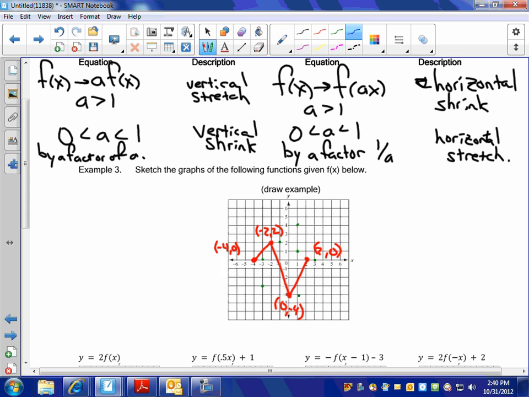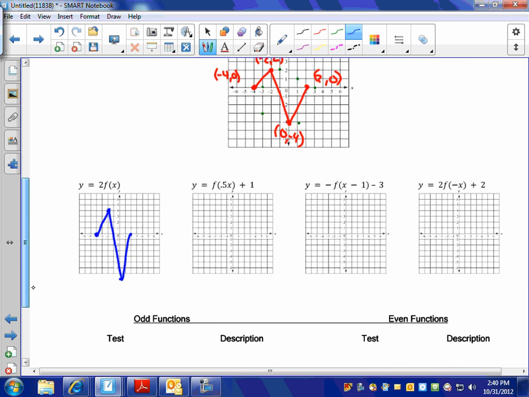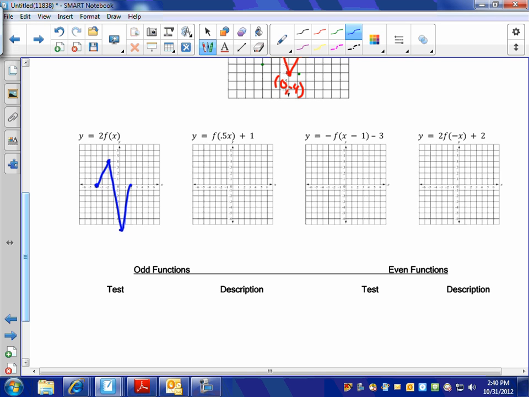What is 1 over a in this situation? What's 1 over 0.5? 2. So I stretch it by 2 horizontally. Again, our factor here is 1 over 0.5, which is 1 over 1/2, which is 2. So that's my factor. I'm going to stretch it horizontally.